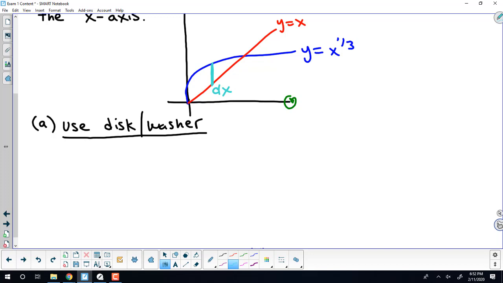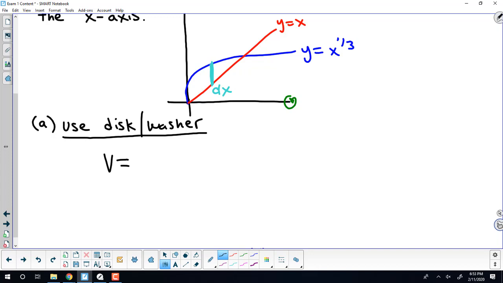A lot of these problems, people will simply miss because they're integrating with respect to the wrong variable. It's not that they had something set up incorrectly, it's that they were integrating with respect to the wrong variable, so it's totally wrong. So draw a picture, even if it's just a quick sketch, and say, I'm perpendicular to my axis of revolution, I have a thickness dx, and go from there. Super important.